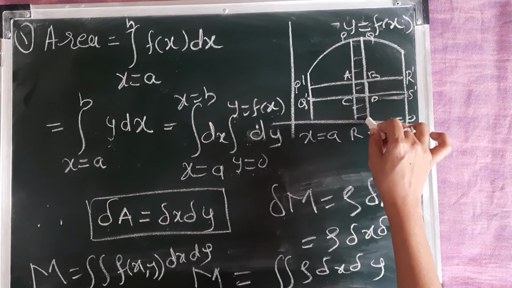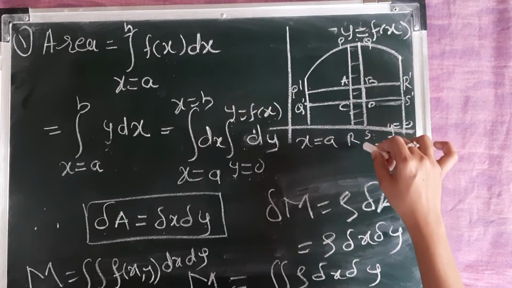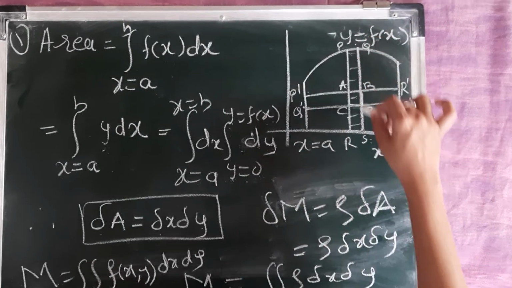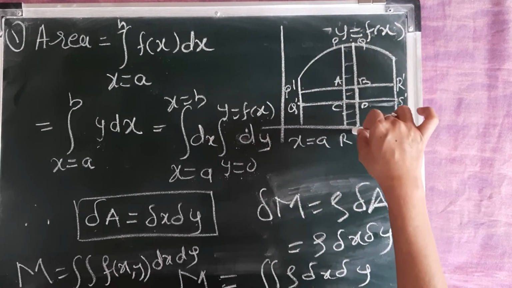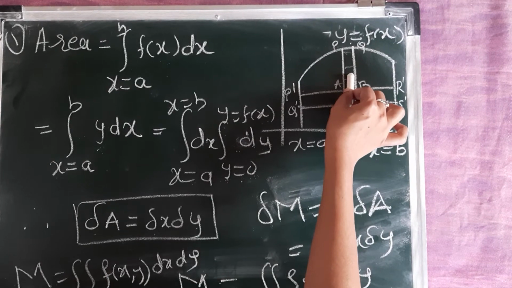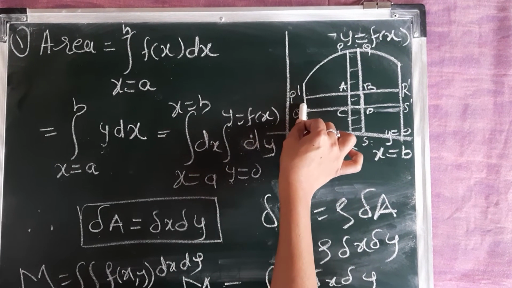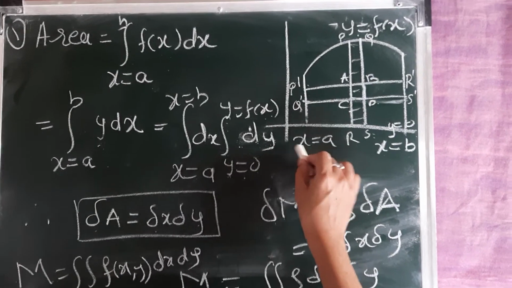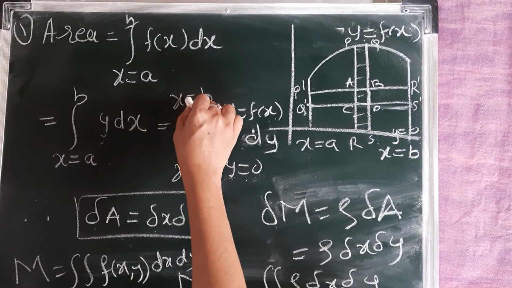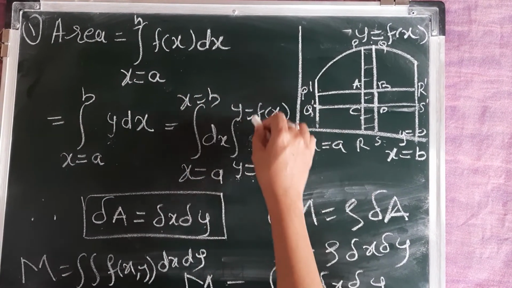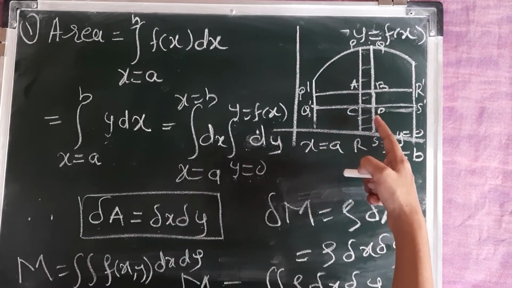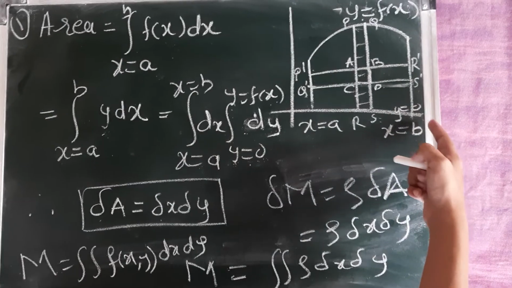The change is in y coordinate, and therefore the strip that I am considering is vertical. Then this vertical strip is moved from the starting point of x to the end point of x. So limit of x will be changing from a to b. So when I am writing internal limits to be of y, I am considering a vertical strip, and then this vertical strip is moved horizontally.